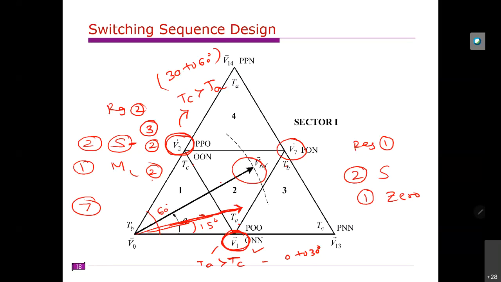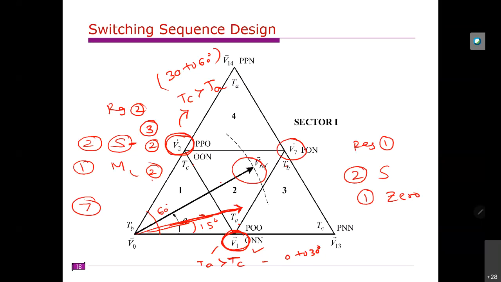So this is the particular case where we have two small vectors. In which small vector we implement P type and N type depends on which small vector has the stronger influence.